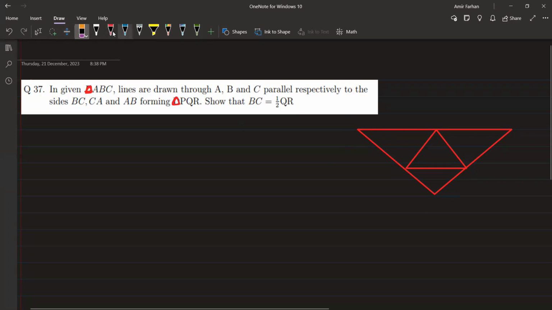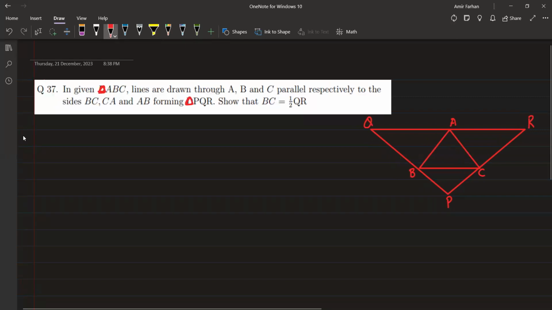We have to name them accordingly: it's PQR, and it is A, B and C. Clear, everybody? Yes, sir. Lines are drawn parallel: AC is parallel to PQ, AB to PR, and QR is parallel to BC. Clear? We have to show this thing.